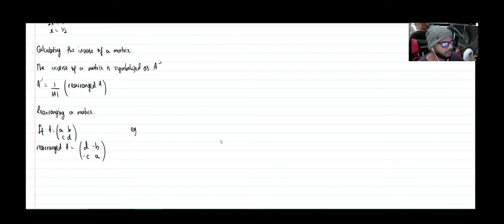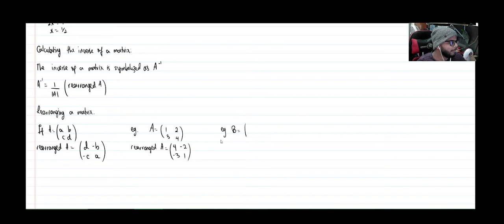For example, if A is 1, 2, 3, and 4, the rearranged A: I must flip the leading diagonal. So the 4 comes where the 1 is, and the 1 goes where the 4 is, and I change the sign on the other two. Minus 2, minus 3. That's it. Do another one.